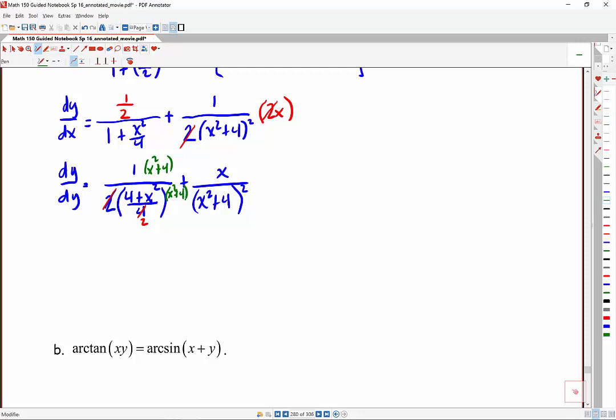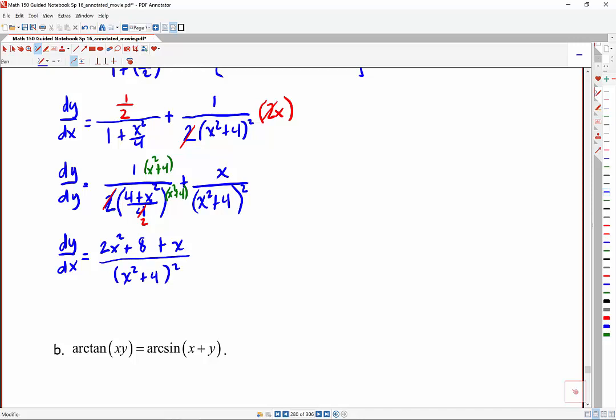So this will lead us to dy/dx is equal to 2x squared plus 8, so I multiplied that 2 through, that jumped up to the numerator, plus x all over x squared plus 4, the quantity squared.